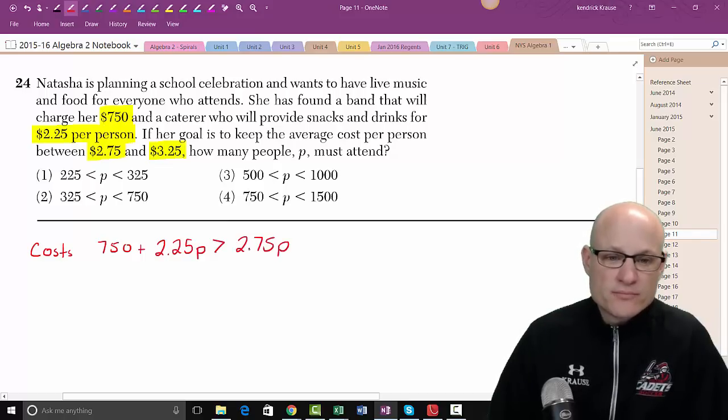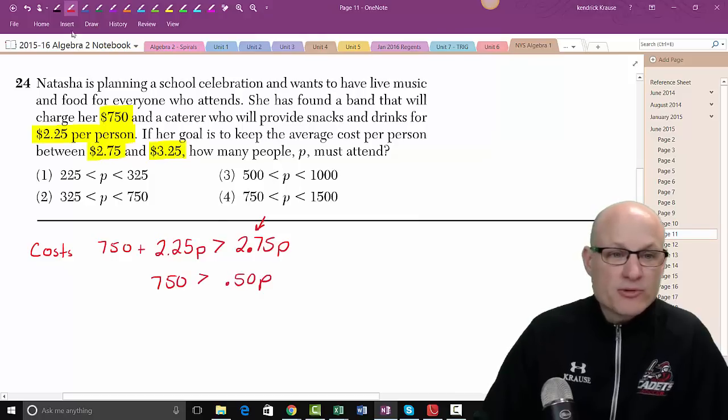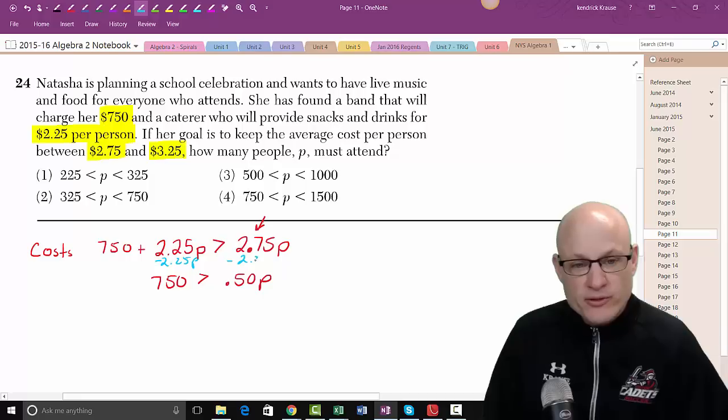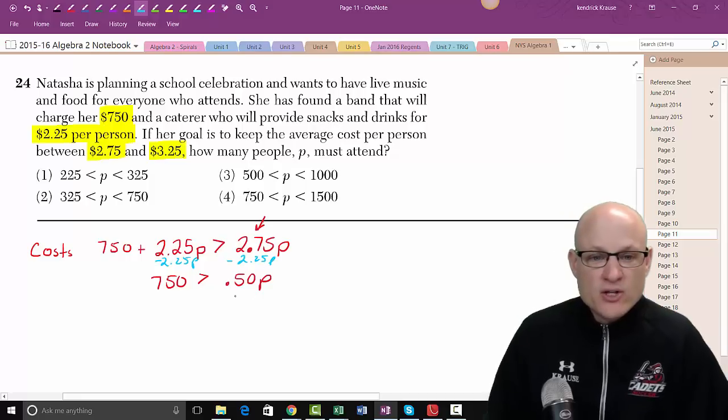Because that's the minimum. The minimum would be that. So if I did that, I go 750. This would be the cheapest they could spend is 725. So 750 is greater than 0.50p. I probably should have shown my math there. Sorry. I subtracted 2.25p, and I get 50 cents. So if I divide by 0.50 and divide by 0.50, I get the number of people has to be less than 1,500.